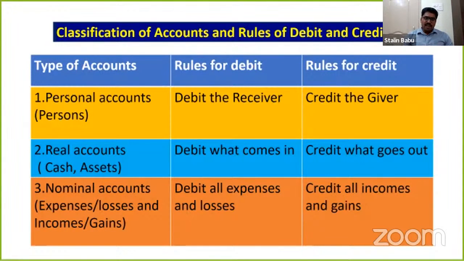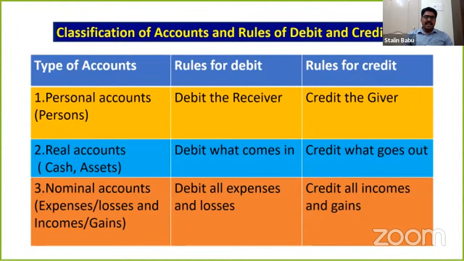The principle of personal account is debit the receiver, credit the giver. That means the receiver account should be debited and the giver account should be credited.